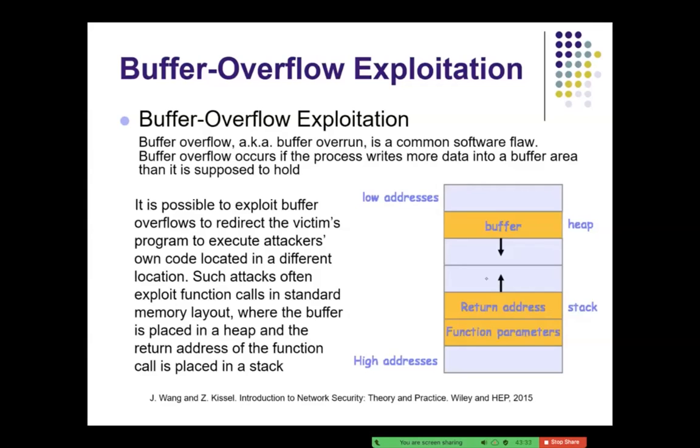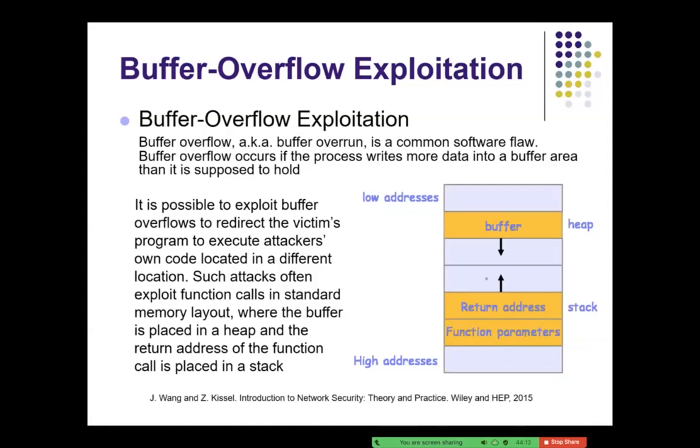Next, we are going to look at buffer overflow exploitation. Buffer overflow is also referred to as buffer overrun. It is a common software flaw. In the early days, there were a lot of C programmers. When they declared a string or an array, they didn't need to set a bound for the strings and arrays they declared.